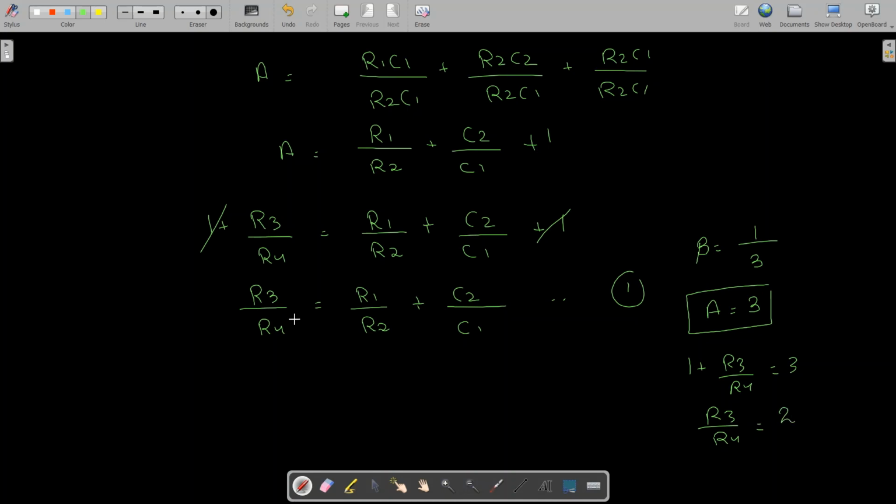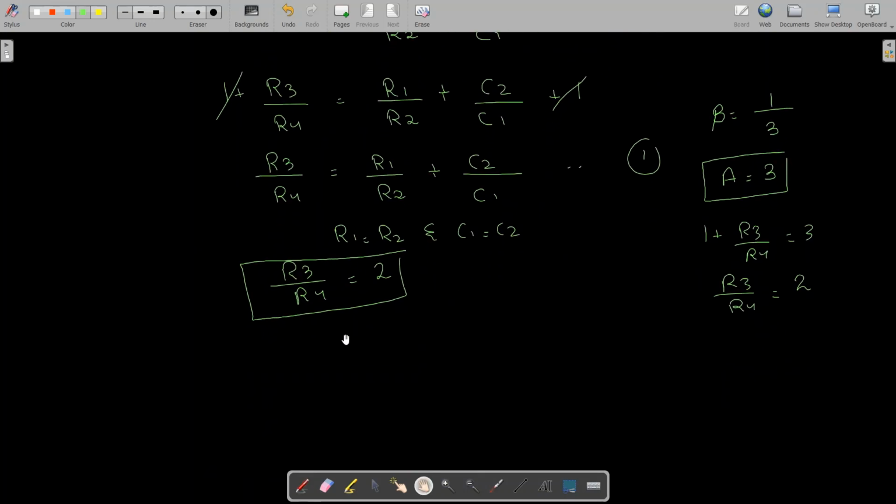And for that, we are going to have R1 equal to R2 and C1 equal to C2. So when this condition is met, R3 by R4 is equal to 2. So for sustained oscillation, the ratio of R3 divided by R4 should be equal to 2. Practically, it is kept higher than 2 to have sustained oscillation. Thank you.